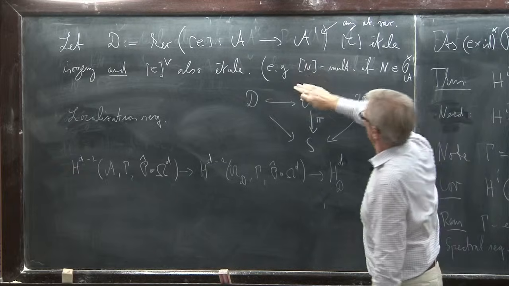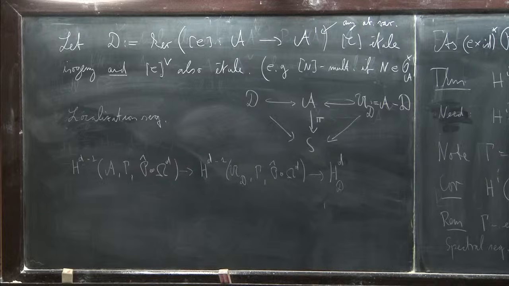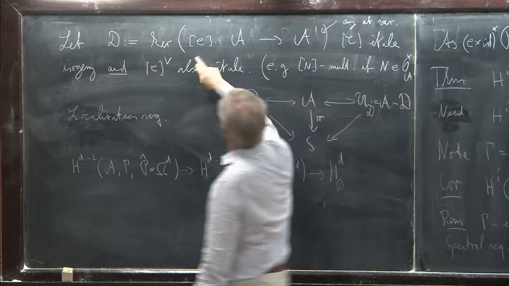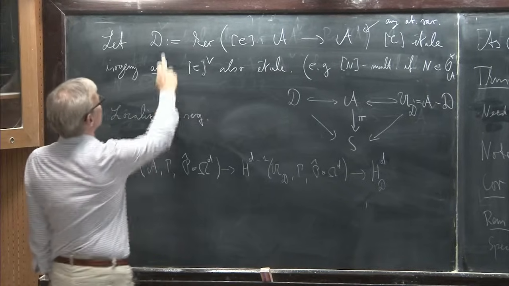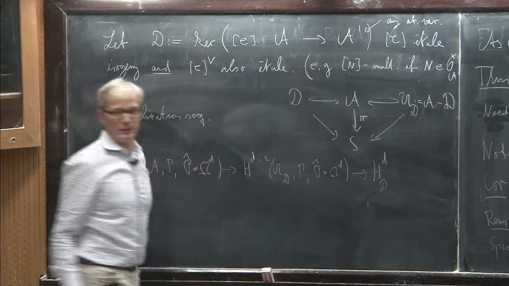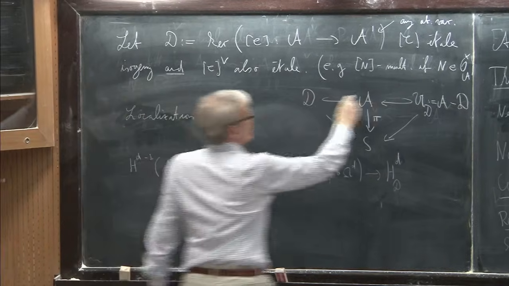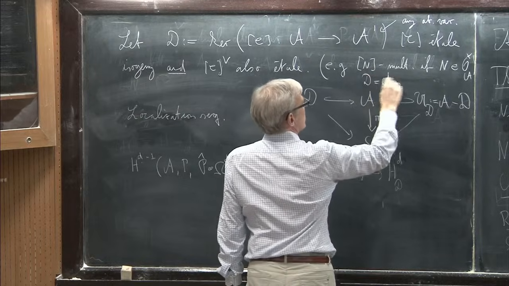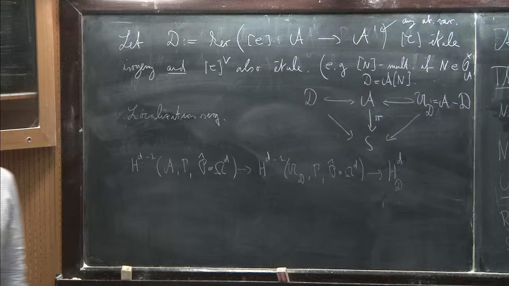If you're a little bit worried with this, then stick to this. That's fine as well. D is just the kernel of such a map. For example, in this example, D is the n-torsion of the abelian variety. Good.